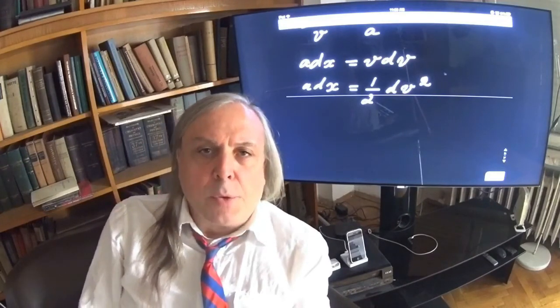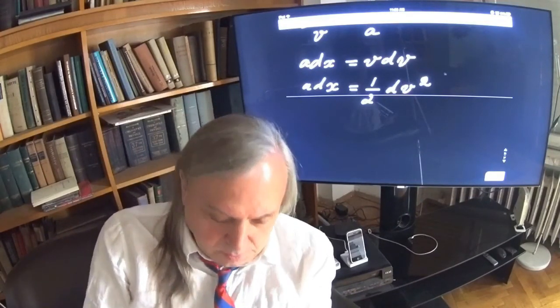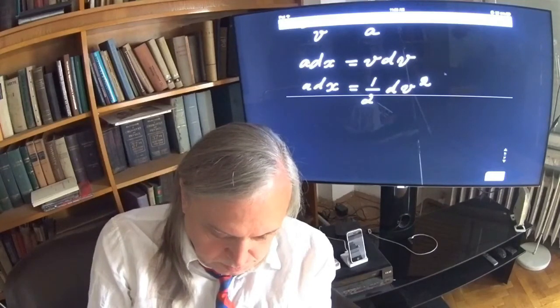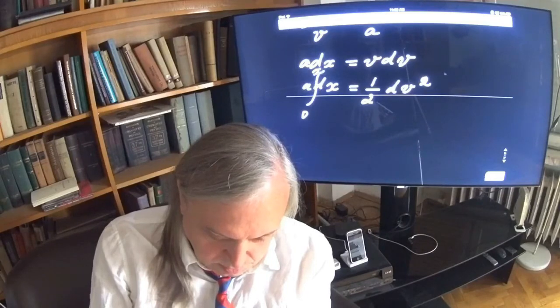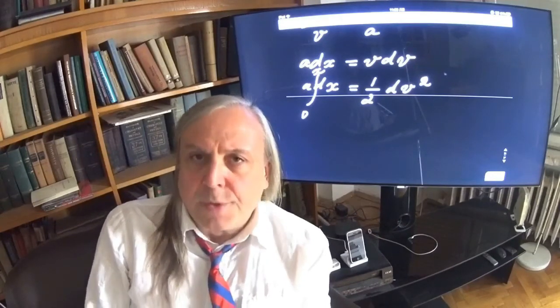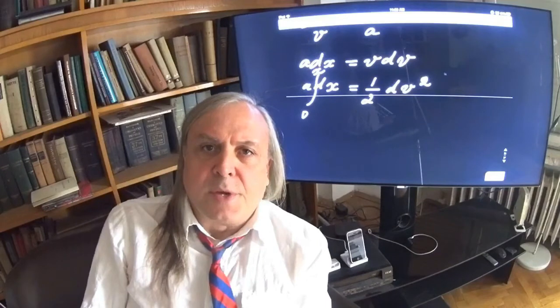Now we can integrate both sides of this equality. Integral from 0 to x, factoring out the constant acceleration a.